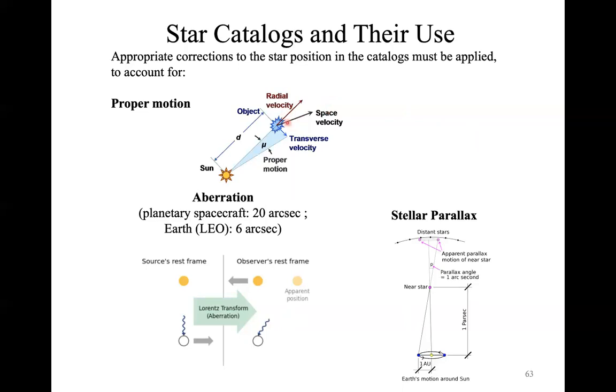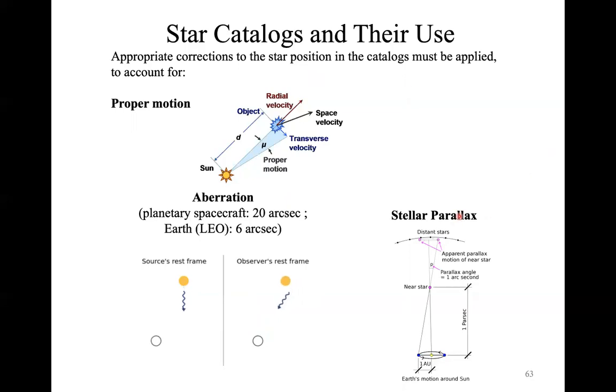All the stars have space velocity, and if one star is closer to us with respect to the background, what you're going to see is that this star is going to move with respect, for example, to this quasar that is very far from us. And you have to take that into account, because if you don't take this proper motion into account when you are doing the attitude determination, that could affect your measurement.